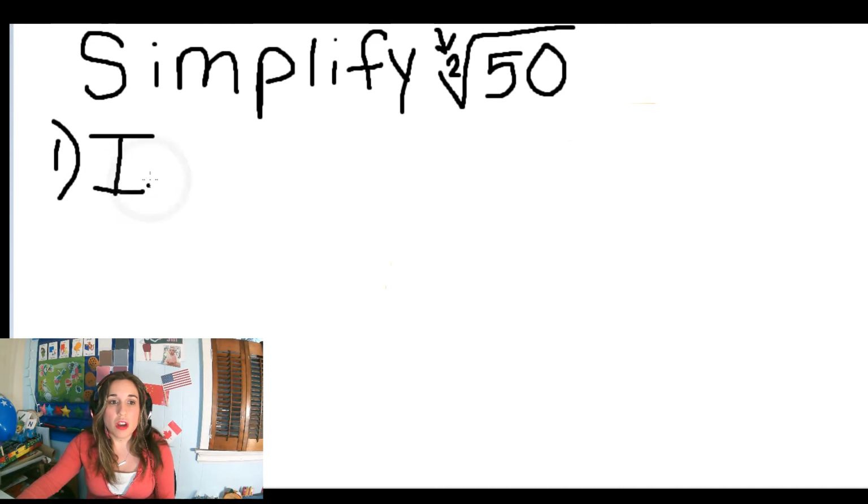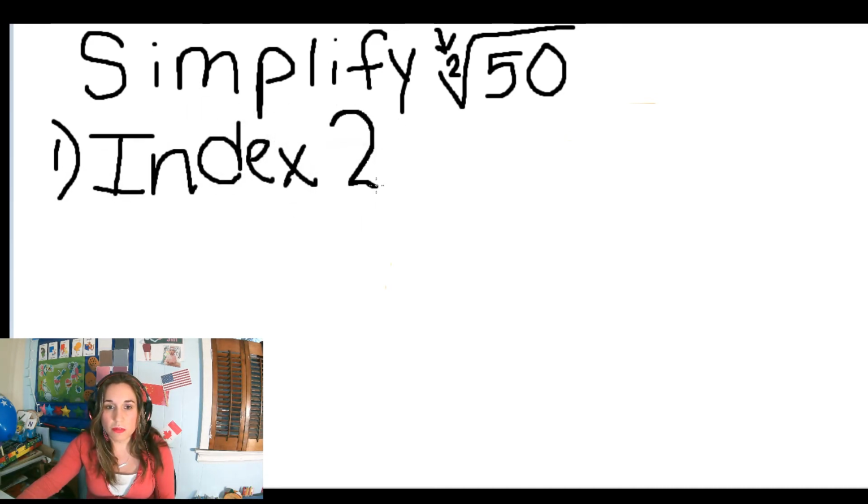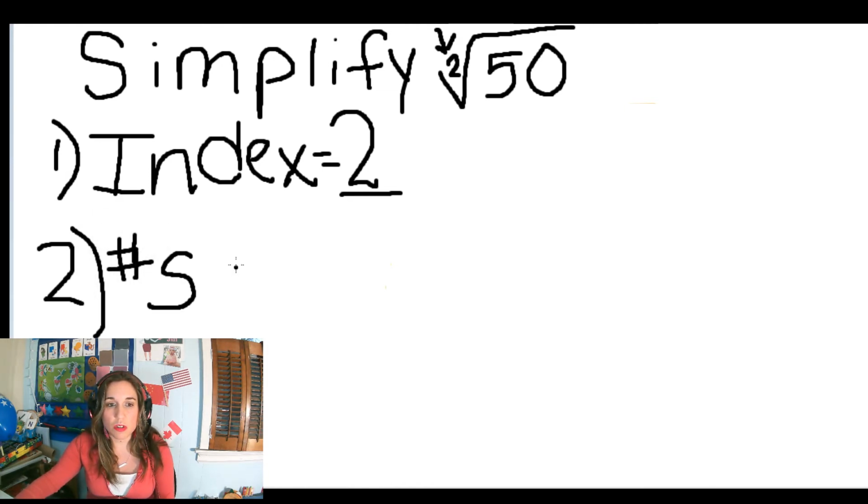So our radical here has an index of 2. Our index equals 2. So that means we are looking for numbers with 2 copies. Whatever your index is, you want to look for numbers with that many copies.